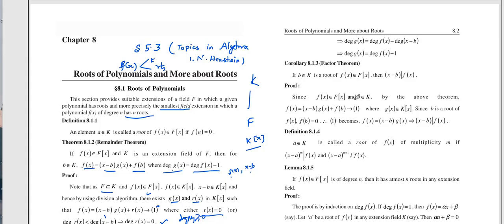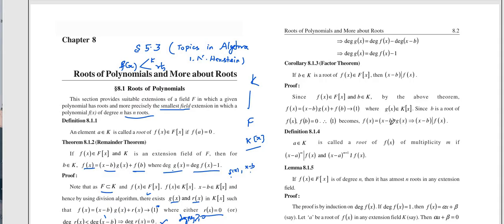Now, since f(x) belongs to F[x], that is a member of F[x], and b belongs to K, by the above theorem we can make use of this once these two are there. So you have this named as equation 1, where your g(x) is from K[x]. Now, since b is a root of f(x), f(b) becomes 0. Therefore, equation 1 becomes like this.